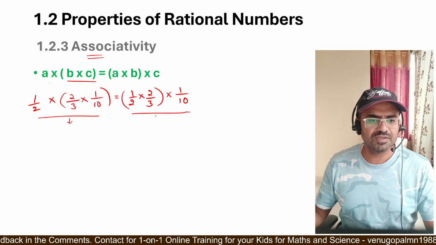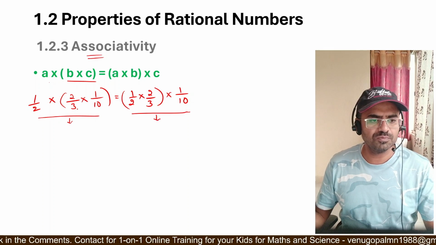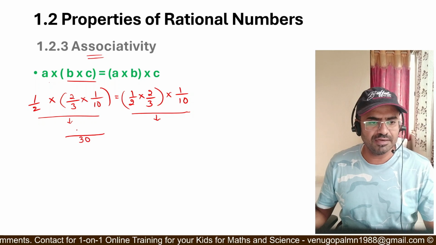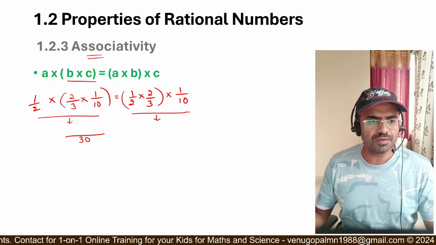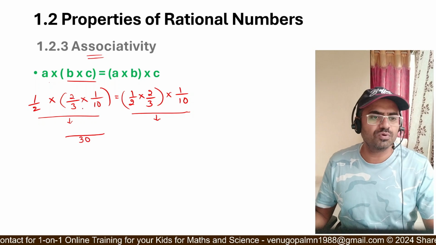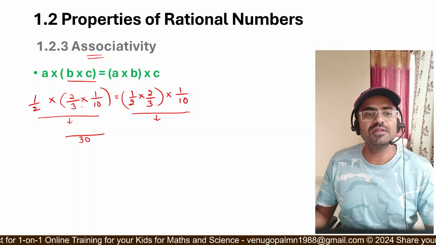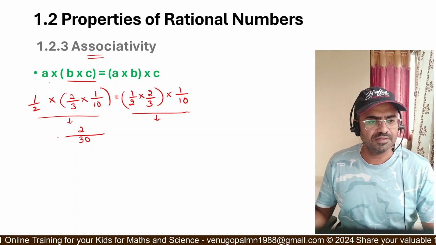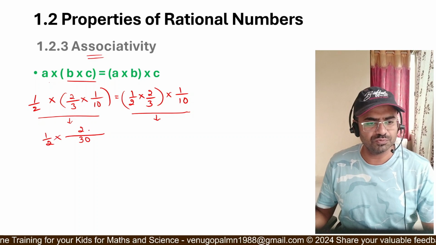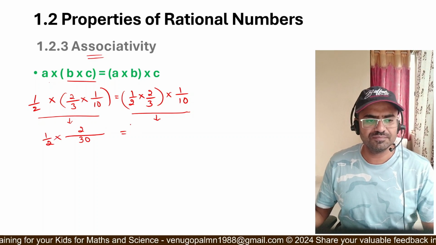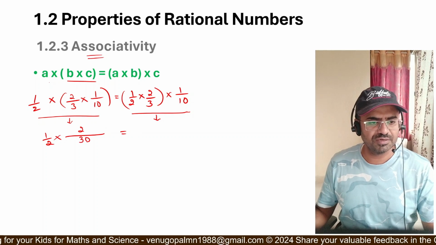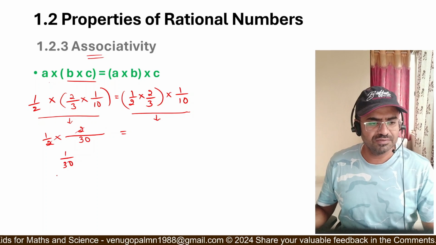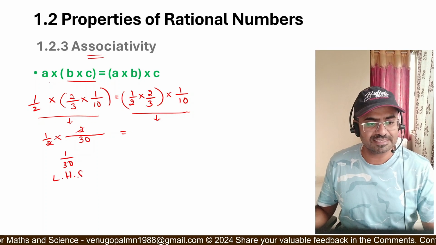Now if you solve this, first we multiply 3 into 10, 30. Since it's a multiplication, you don't have to find the LCM, you just have to multiply. 3 tens are 30 and 2 ones are 2, multiplied by 1 by 2. If you multiply and cancel, it will become 1 by 30, which is your left hand side.